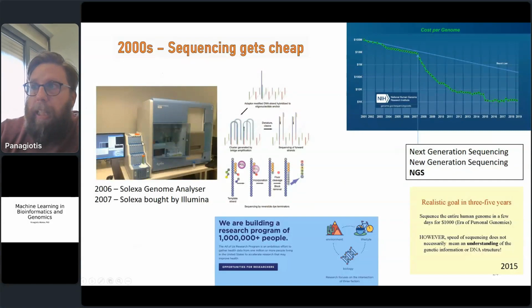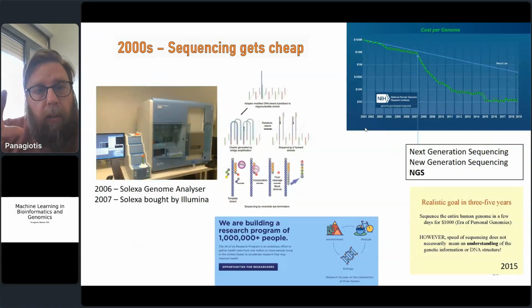Now we have even better machines that can sequence a whole human genome in maybe a day or less, and we have definitely broken the $1,000 price point by now. If you sequence in bulk, it's even way less.